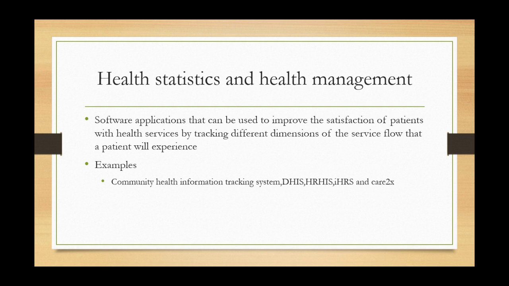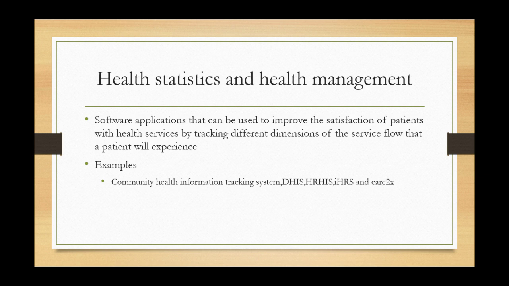The main goal of a health management information system is to record information on health events and check the service quality at different levels of healthcare. It has a lot of benefits, but some of them are that we can maintain what we call patient sensitivity.